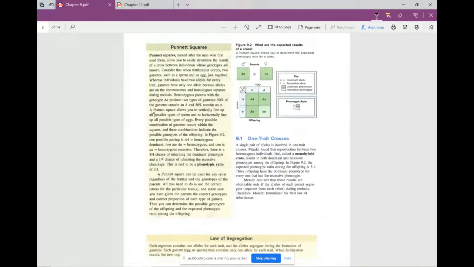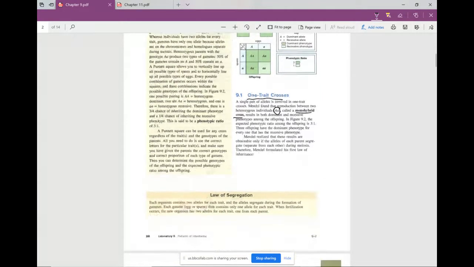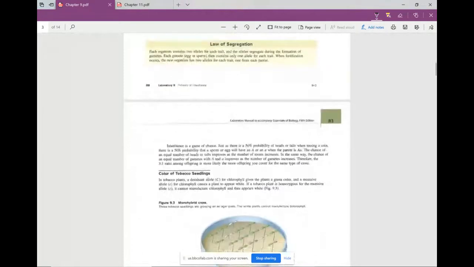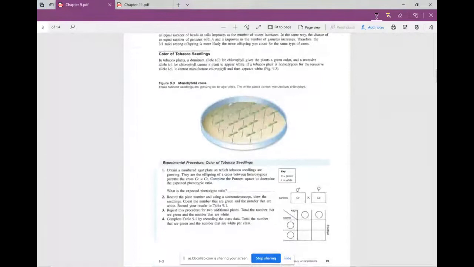Okay, so here they're talking about the one trait crosses, and one example of that is the monohybrid cross, when both individuals are heterozygous. All right, in the lab we actually don't do this experiment, but it's more of a thought experiment anyway, so we can cover it here.